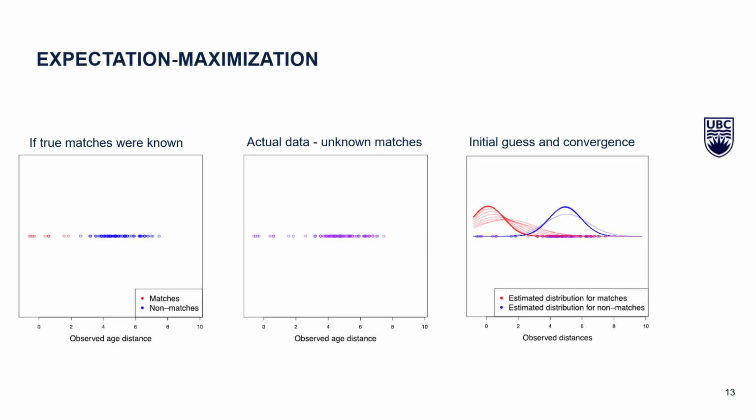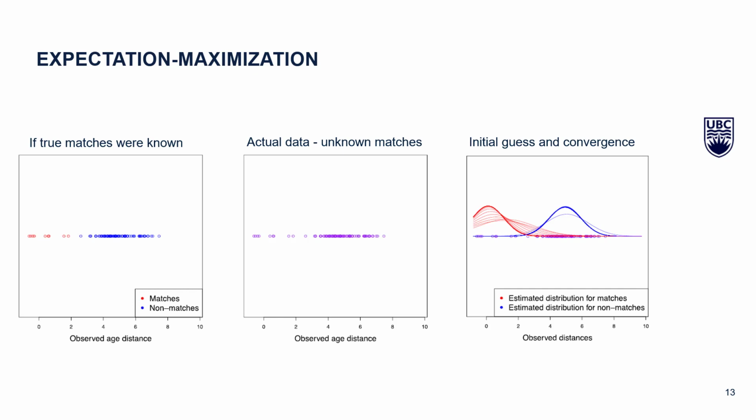To explore the expectation maximization algorithm, let's look at some simulated data. Here, there have been 100 age distances simulated. The distances that are true matches are drawn from a normal distribution with a mean of 0 and a standard deviation of 1. And then the distances that correspond to the non-matches are drawn from a distribution with a mean of 5 and a standard deviation of 1.